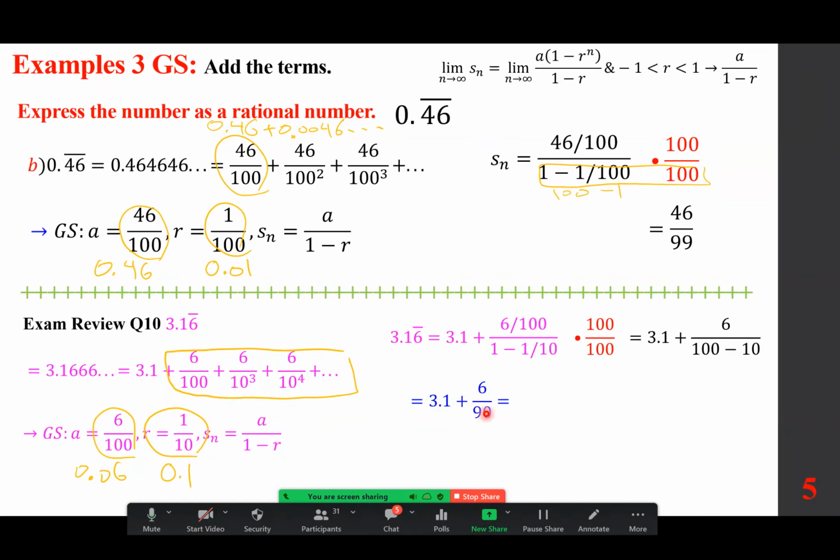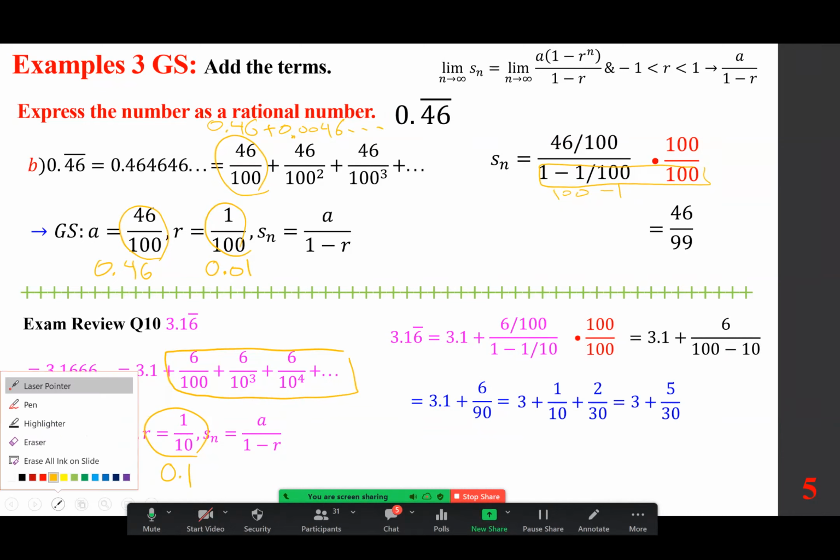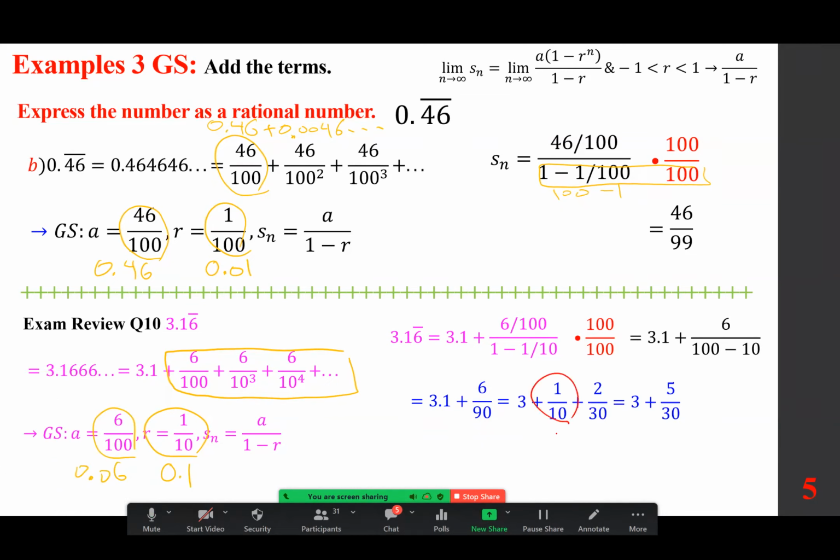So to do that, we're going to add the 0.1, which is 1 over 10, and 6 over 90, which is 2 over 30. And the way we do that, if we use the common denominator 30, 3 over 30 with 2 over 30 becomes 5 over 30, which is 1/6. And that's the final answer.